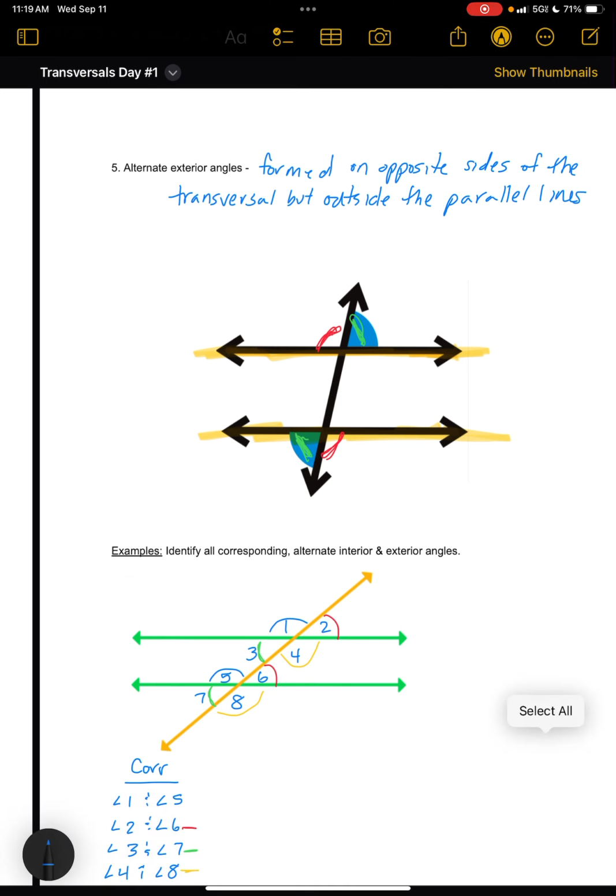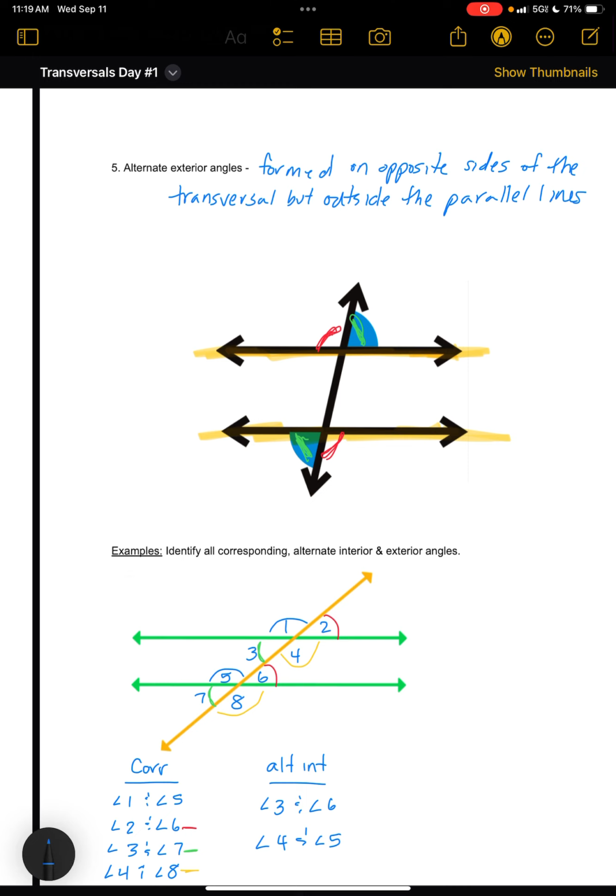Let's identify our alternate interior. So alternate interior, I have angle 3 and angle 6. And then I have angle 4 and angle 5.